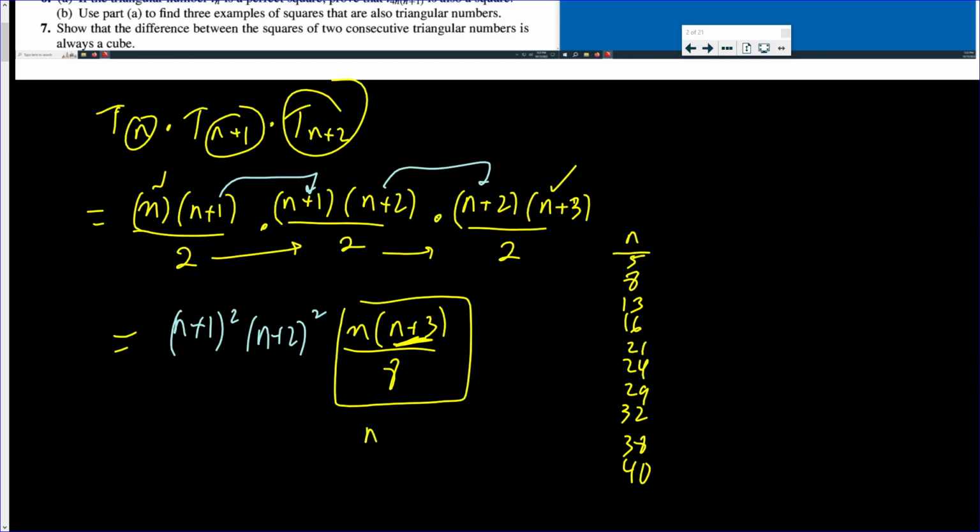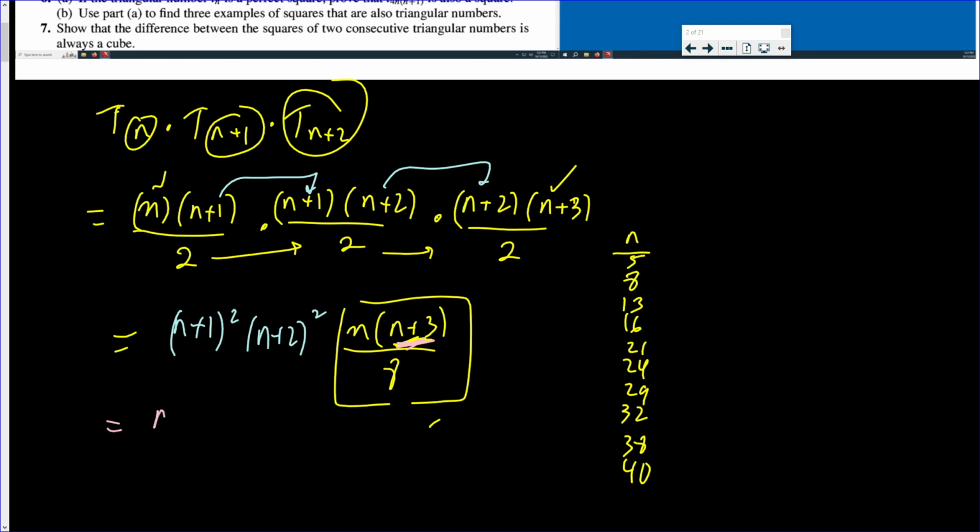Because if n is 5 and you add 8, then n is 13. And we get a multiple of 8. If n is 13, n plus 3 is 16. Okay, so let's try this.